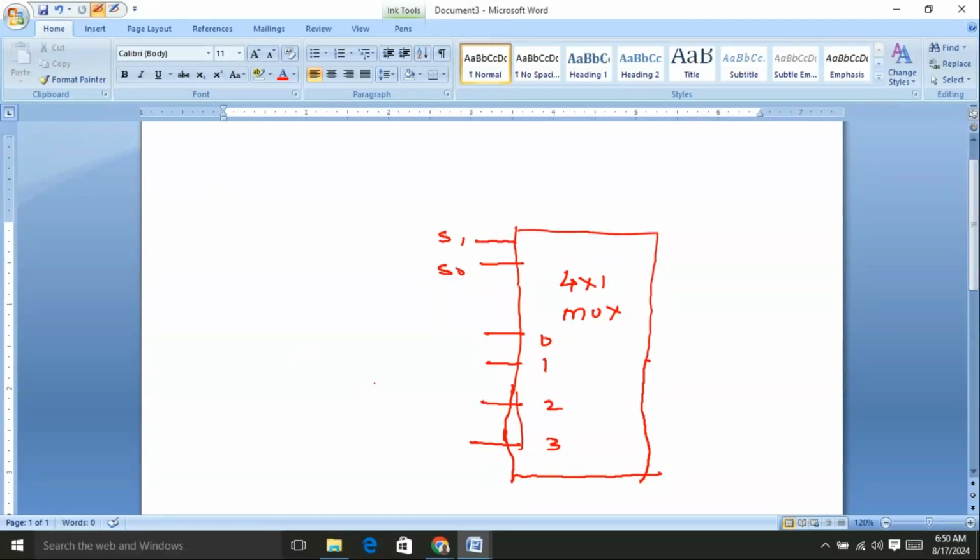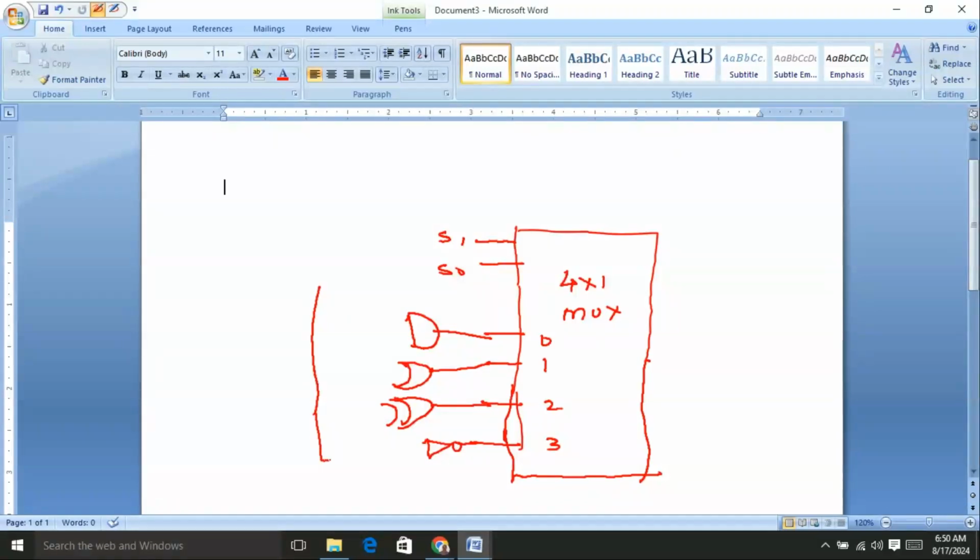For the first input, I am going to connect the output of the AND gate. For the second input, I am connecting the output of the OR gate. For the third input, I am connecting the output of the exclusive OR gate. For the fourth input, I am connecting the output of the NOT gate. For these gates, I give the inputs like that.